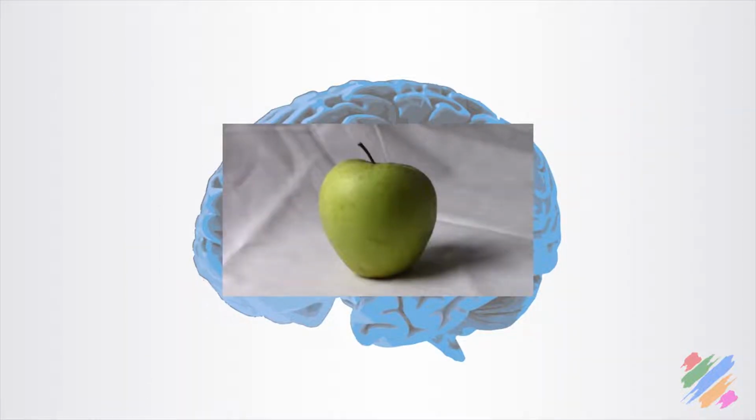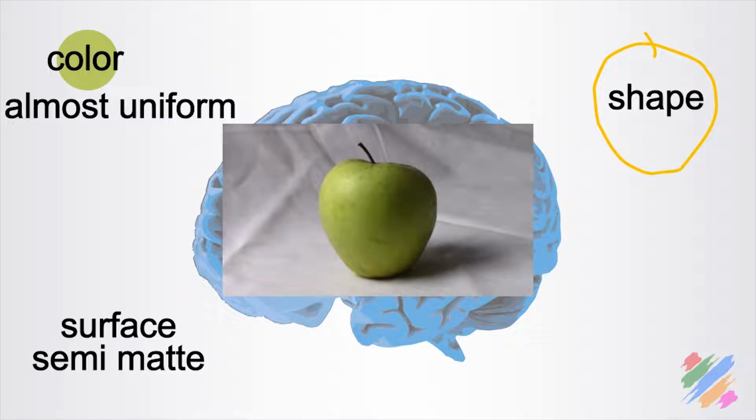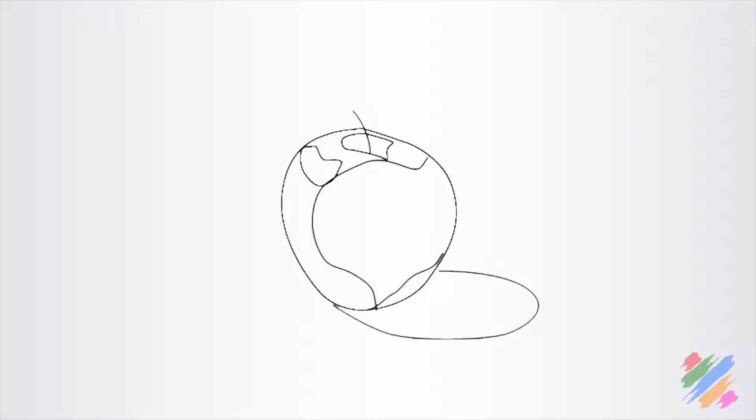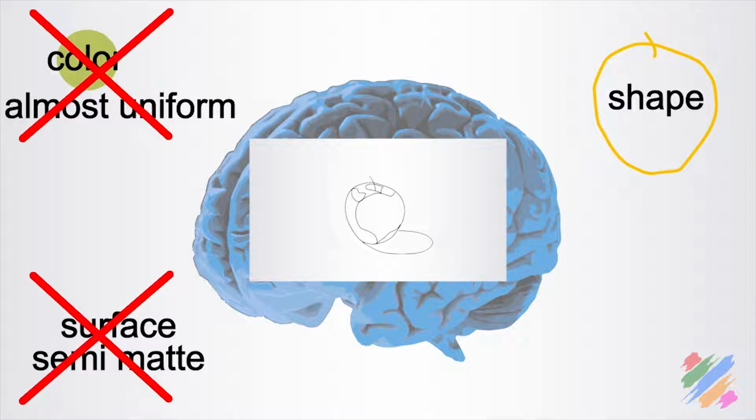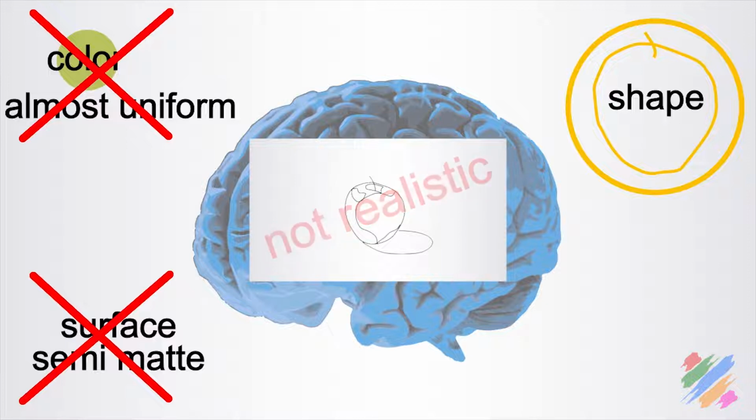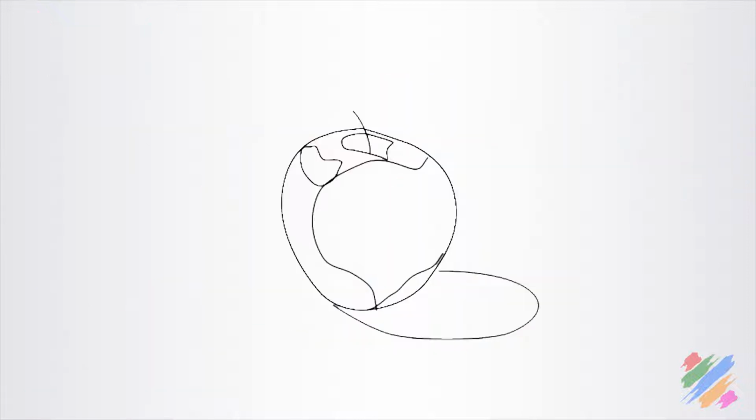So, when we get in front of a similar scene, our brain will perceive all the details that it has stored, and we will recognize it. This will also happen if we reproduce just a part of them. In this case, although we will recognize the scene, we will perceive it as not realistic. For example, here we can see that this isn't an apple, but a few lines that represent it.